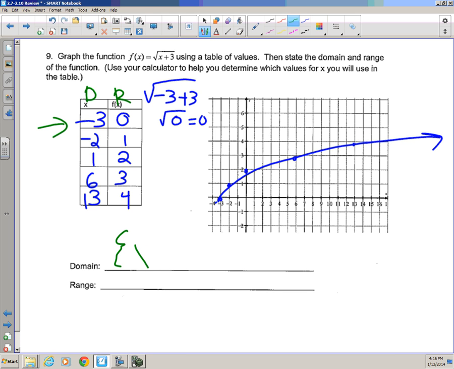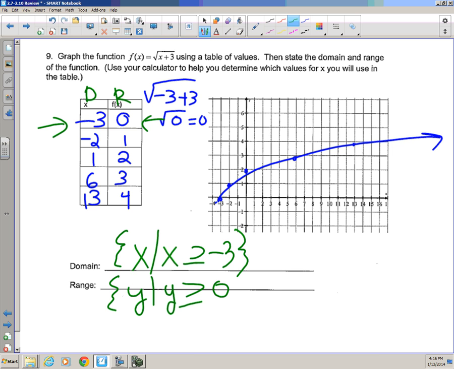So for my domain, it's the set of all x such that x is greater than or equal to -3. The range is going to come from that y value, and it's going to be anything greater than or equal to that value. So y such that y is greater than or equal to 0.